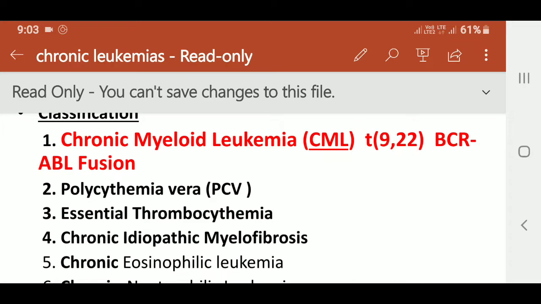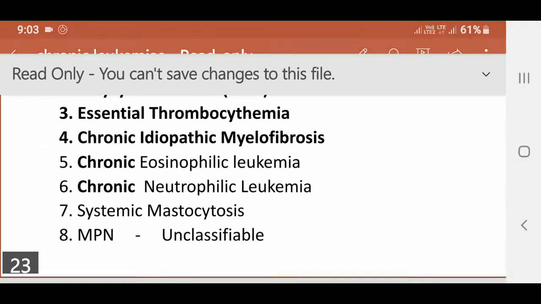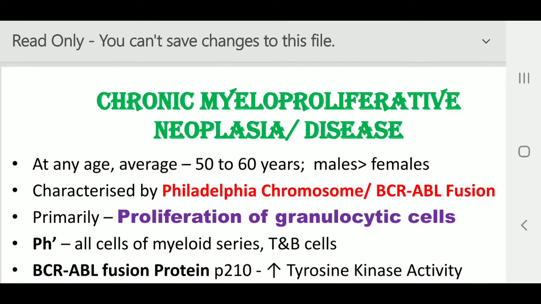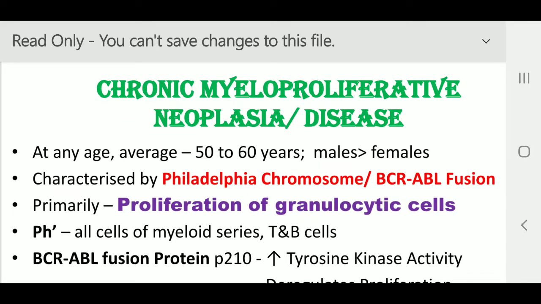It is this BCR-ABL fusion gene that determines the prognosis of CML. If the patient is BCR-ABL fusion gene positive, the prognosis is good and there is good response to the oral medication of CML. In the clinical features, elderly people are affected, males more than females. It is characterized by the Philadelphia chromosome or the BCR-ABL fusion gene.